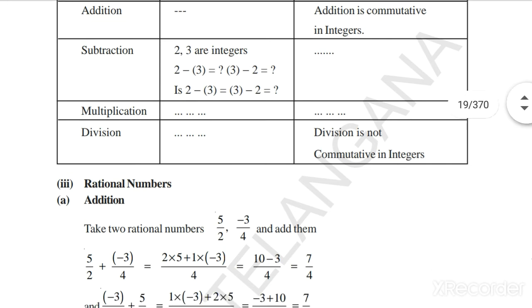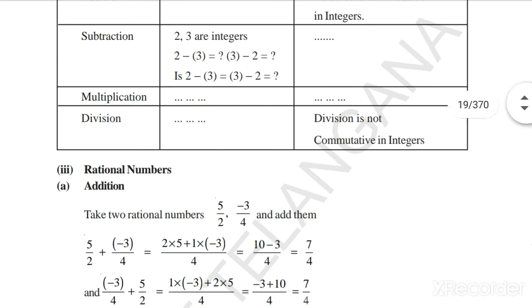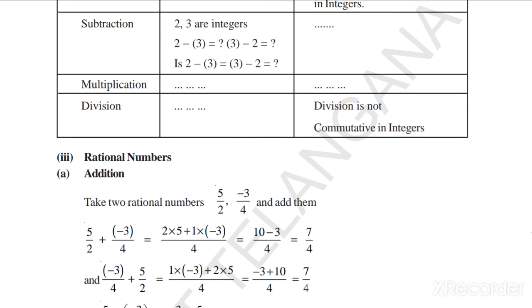So subtraction is not commutative in integers. Multiplication: 2 into 3 is 6, and 3 into 2 is also 6. Both ways we get the same answer. So multiplication is commutative in integers.